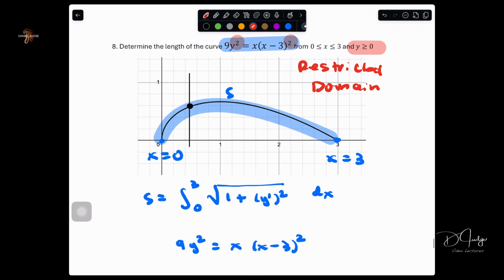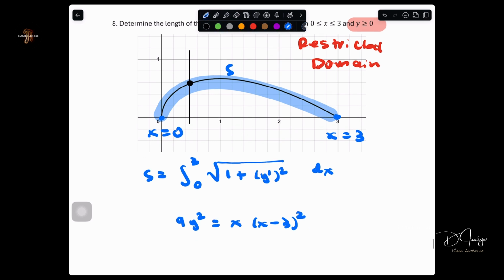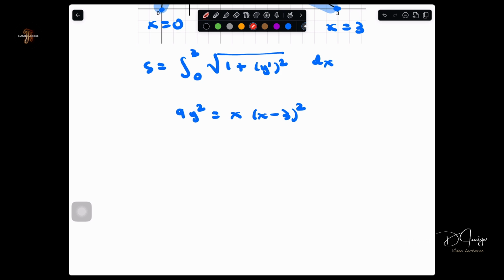But the portion of the curve you see is really not a relation, because it doesn't fail the vertical line test. So we still can use implicit differentiation.